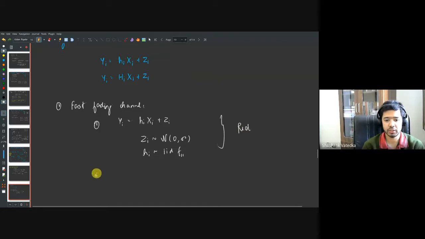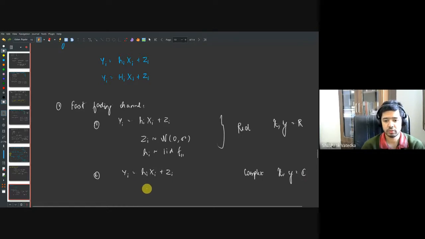In wireless communication, sometimes you typically study y_i equal to h_i x_i plus z_i, where of course now each of these are not real numbers. So in the first case, both the input and the output are the set of reals, but now these are complex numbers, in the set of complex numbers.